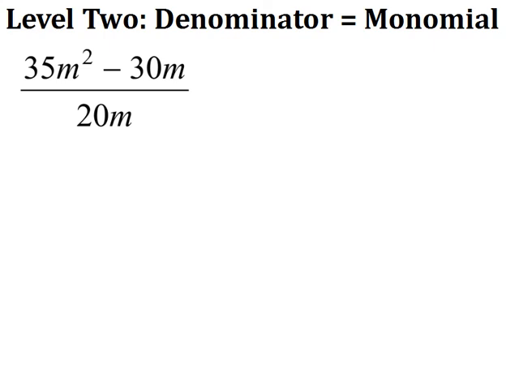All right, so level 2 can be done in two different methods. The first method that you are more familiar with would be where you separate it into two separate fractions.